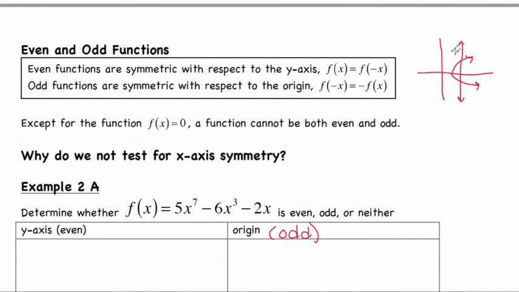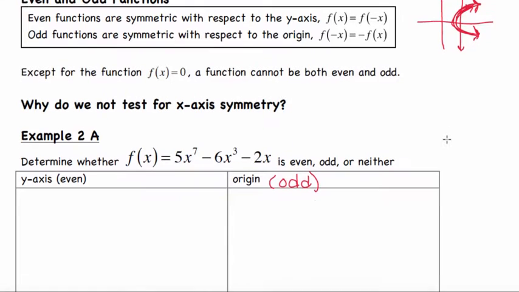And then you can see up here the reason why: if you draw a graph that is symmetric with respect to the x-axis, then it fails the vertical line test and it is not a function. So functions will never have x-axis symmetry because x-axis symmetry does not pass the vertical line test.